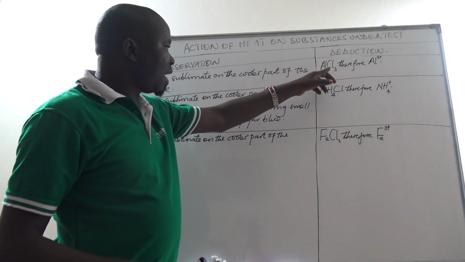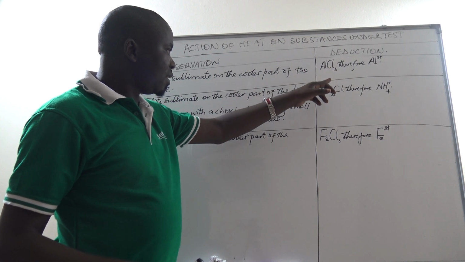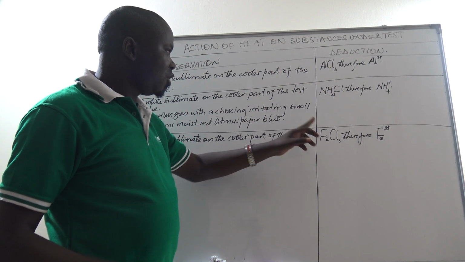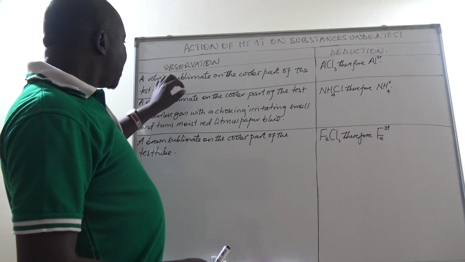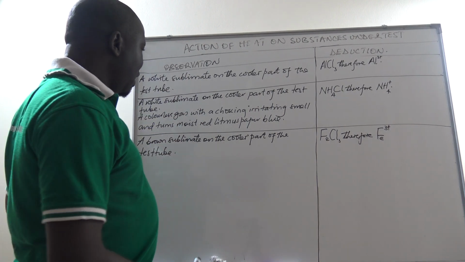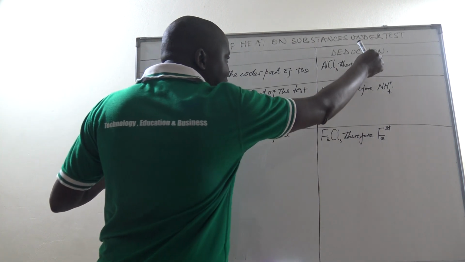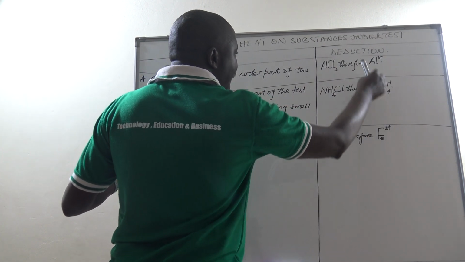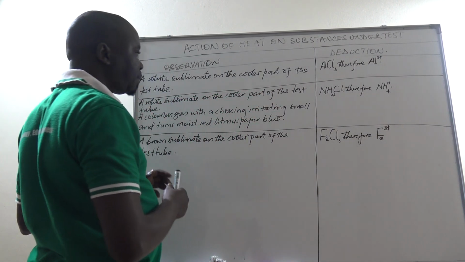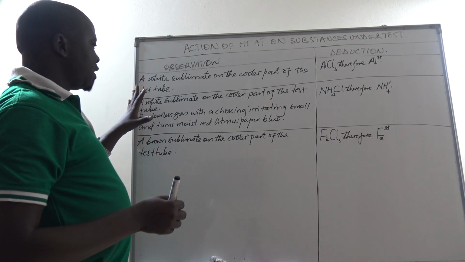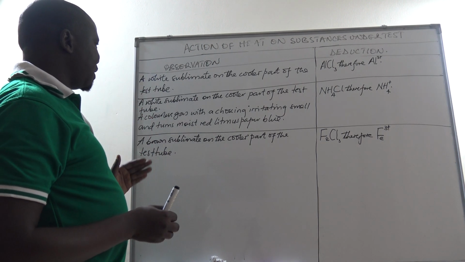So these are the substances which when heated undergo sublimation, and when we get these observations, then it means that they are present and the ions in them, the cations, are therefore present. So I don't want us to forget this.